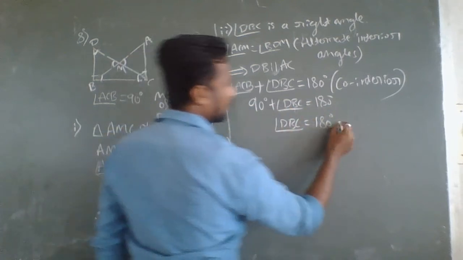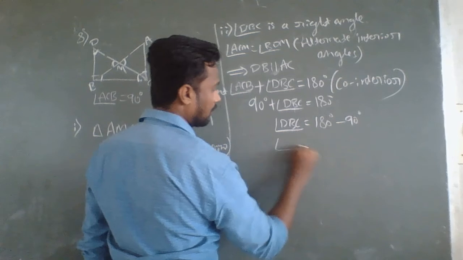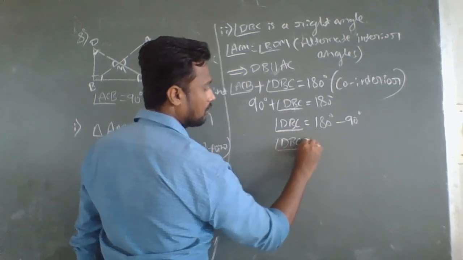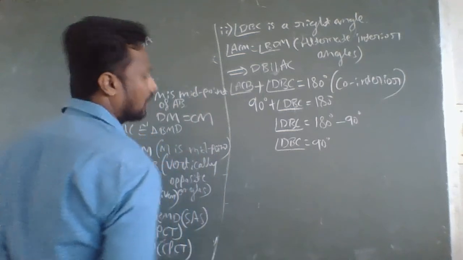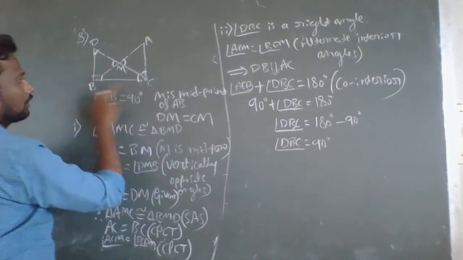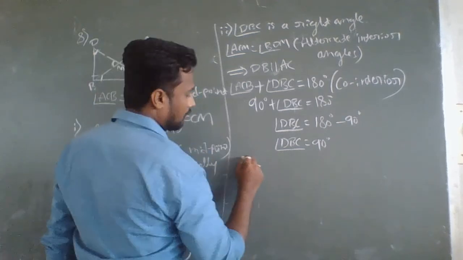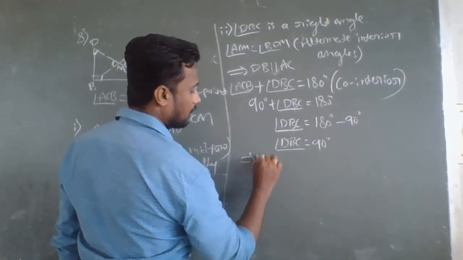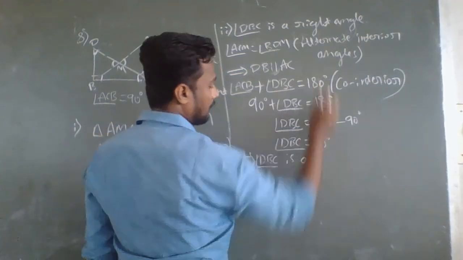I will move this 90 degrees to the other side: 180 minus 90. Therefore, angle DBC is 90 degrees. If angle DBC is equal to 90 degrees, then we can write that angle DBC is a right angle.